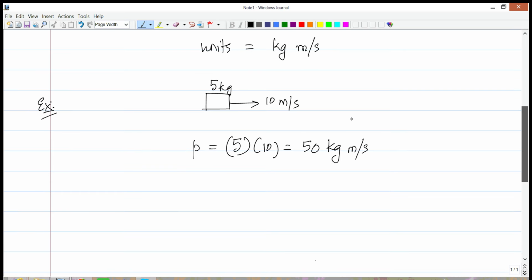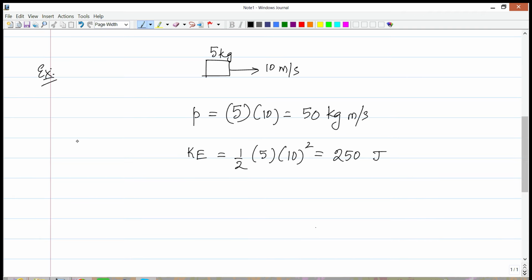So that's straightforward. Let's also calculate its kinetic energy, and the kinetic energy will be equal to 1/2 times 5 times 10 squared, which happens to be 250 joules.